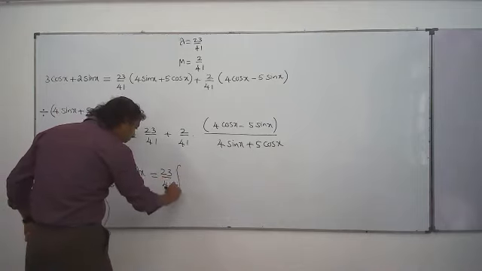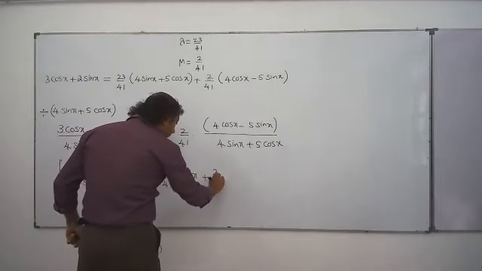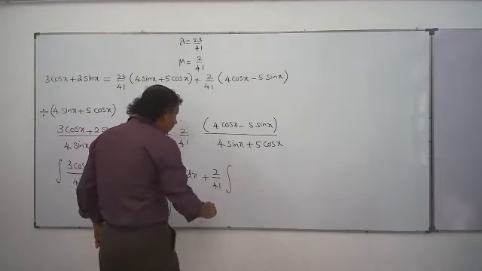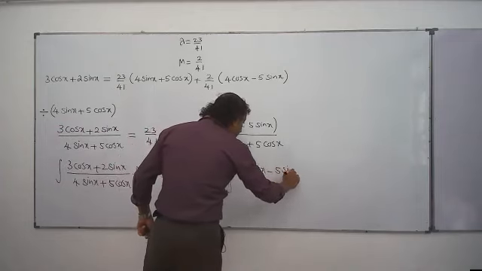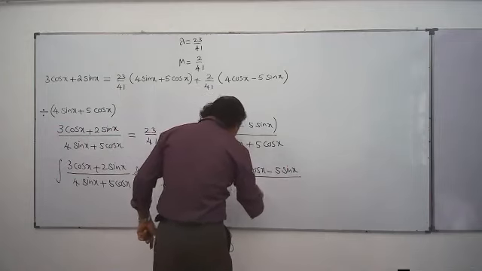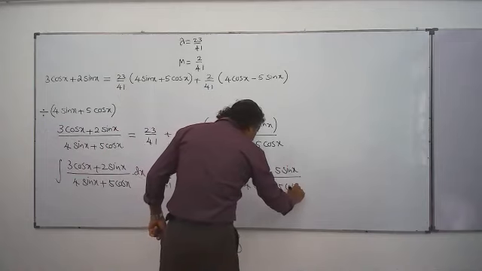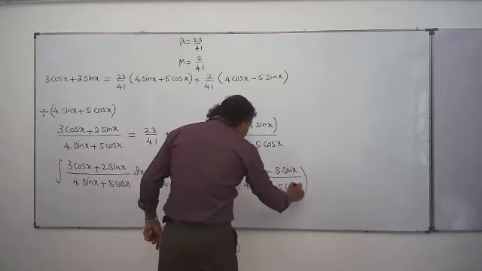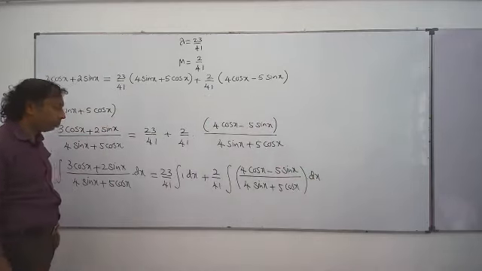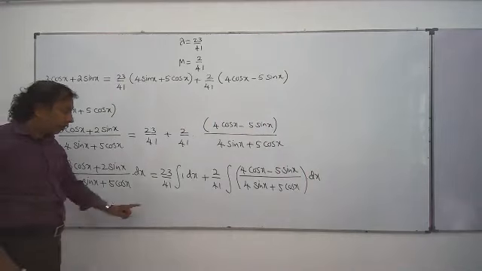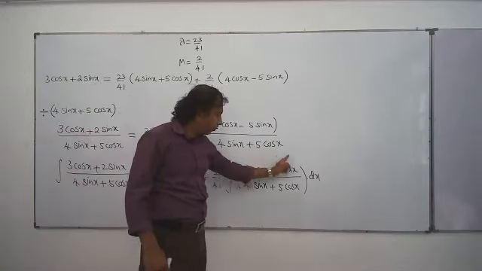This is a common constant, no? 23 by 41 integral 1 dx plus 2 divided by 41 integral 4 cos x minus 5 sin x divided by 4 sin x plus 5 cos x dx. This way. Here, what is the integral of this one? It is x. Now, how to integrate this, people?